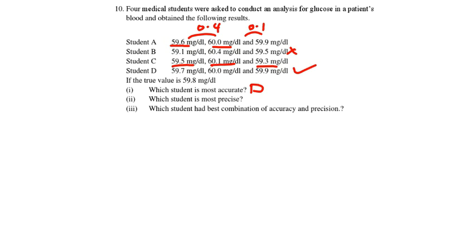And then D, 59.7, that's a difference of 0.3. And then this is a difference of 0.1. Now 59.7 and 59.9, that's a difference of 0.2. 59.6 and 59.9, that's a difference of 0.3. So which student is the most precise? Which one is having values closer to themselves? 59.7 and 59.9. The difference here is 0.2, not 0.4.